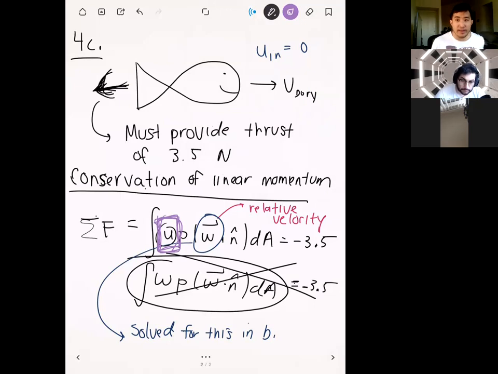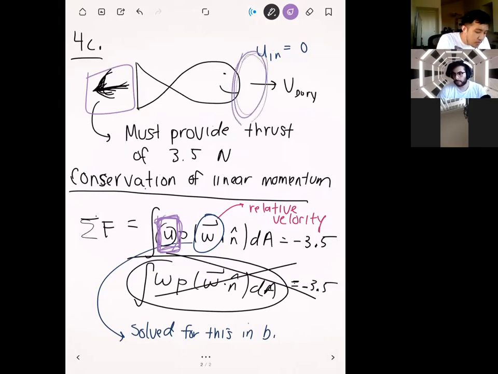But let me tell you why this kind of breaks things. We know that when we increase u out here, so we increase the speed of the outlet jet, then Dory is going to have a thrust of 3.5 newtons. But if we increase the speed of the outlet jet, we're violating conservation of mass, because we're not increasing the amount of inflow coming into the model.